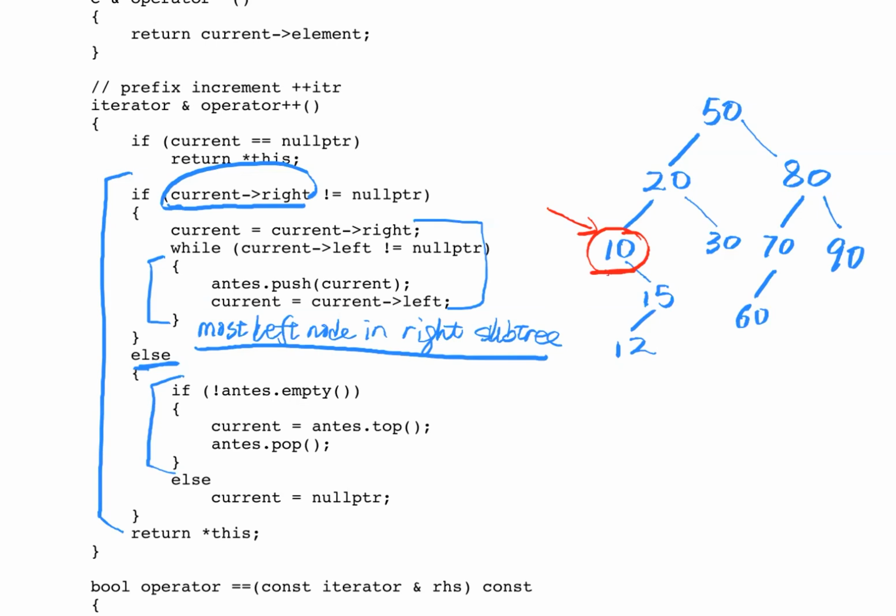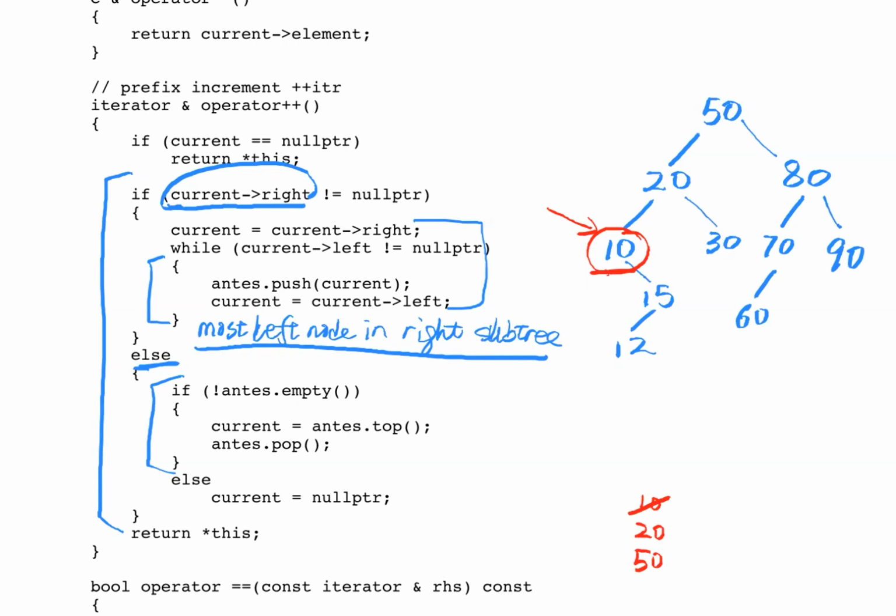Now, in the begin operation, it also pushes 50 and 20 onto the stack, and then pushes 10 onto the stack. So 10 is the most left node. We pop 10, and then 10 is the current node.